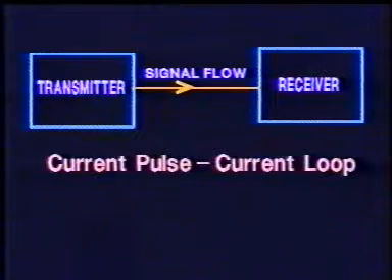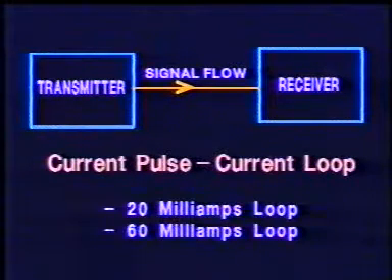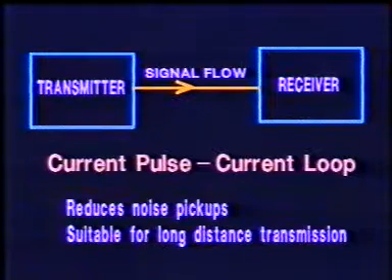There are two standards for the current loop: 20 milliamps loop, 60 milliamps loop. The figures 20 milliamps and 60 milliamps specify the amount of current flow for one level. A current loop reduces noise pickups and so is suitable for long-distance transmission.